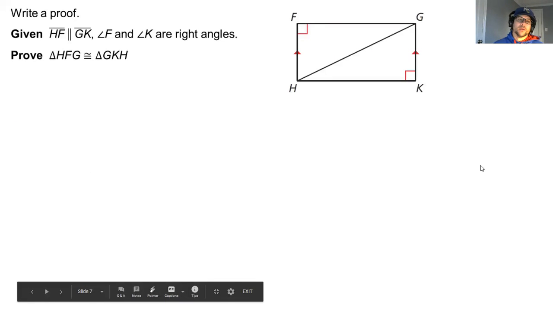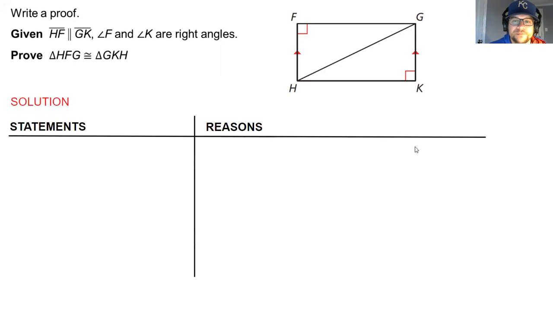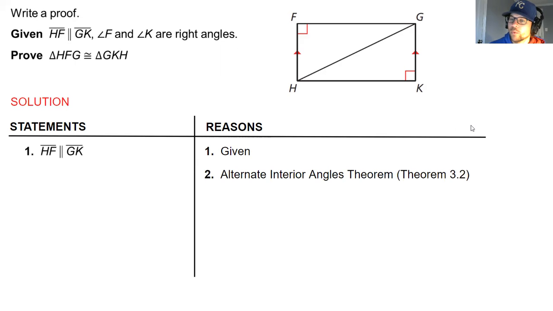All right, now we're going to write a proof on these two triangles that look like they are right triangles. You're given that HF is parallel to GK and F and K are right angles. Let's prove HFG is congruent to GKH. Start with our given information. We're going to again use the alternate interior angle theorem because we have a transversal of HG connecting those two parallel lines.